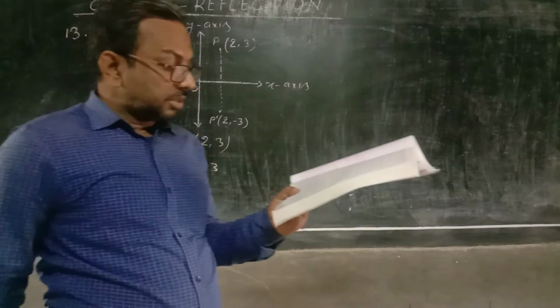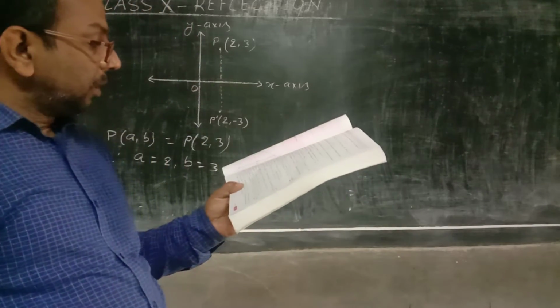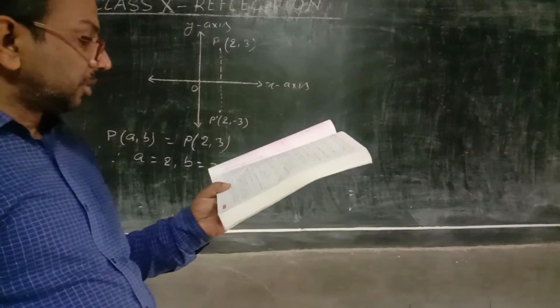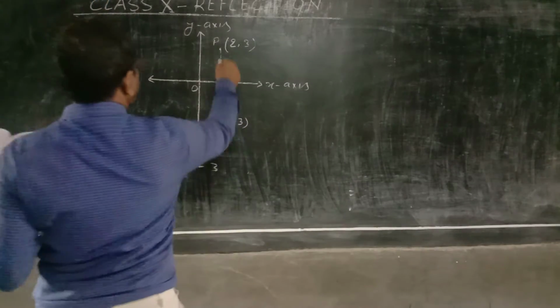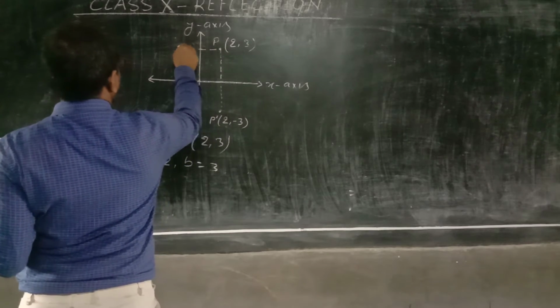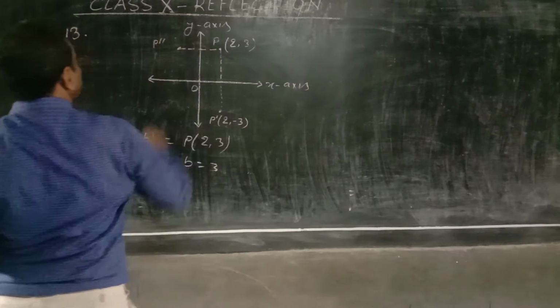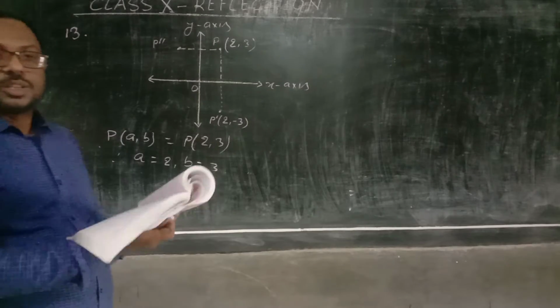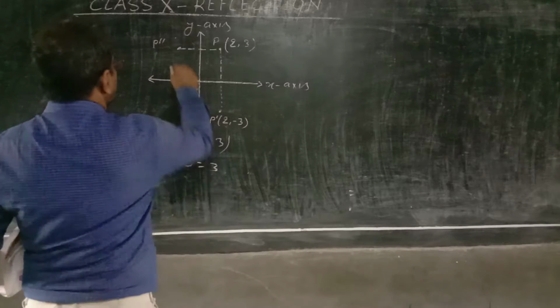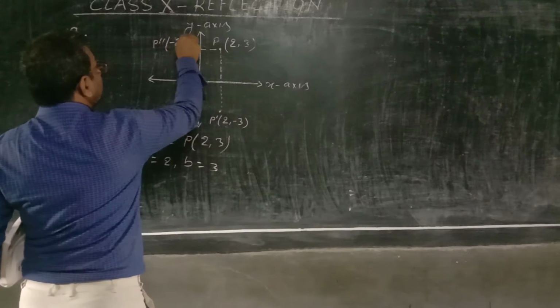The second question is: P double dash is the image of P when reflected in the y-axis. When this P reflects in the y-axis, then this image will be P double dash. Here is P double dash. Since P came into the second quadrant after reflection in the y-axis, the coordinates will be (-2, 3).